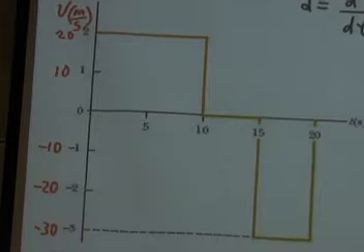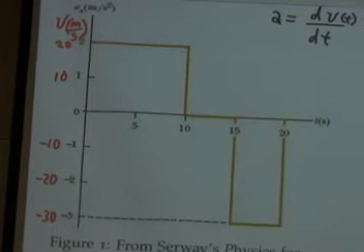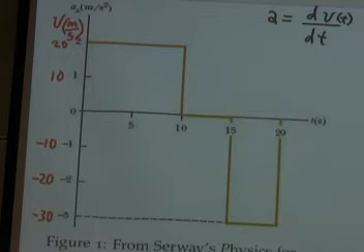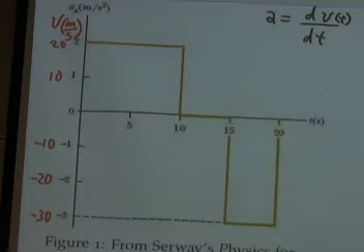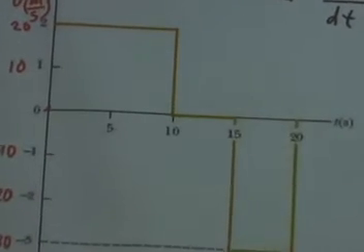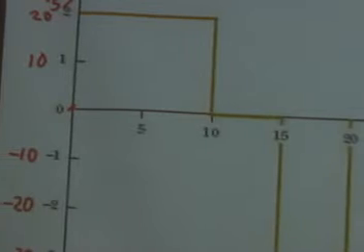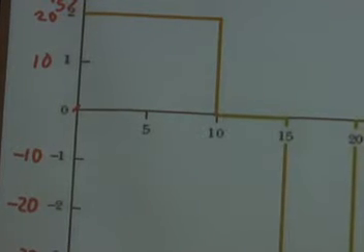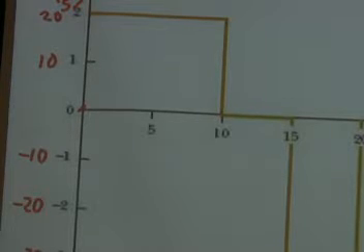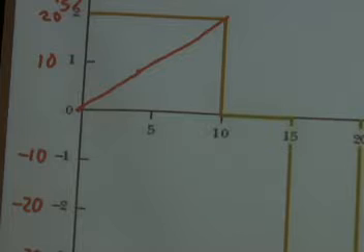Since the acceleration is the slope of the velocity versus time graph, we know that the slope of the line beginning here at 0 will be 2 because the acceleration is 2 meters per second squared. So in the duration of 5 seconds, the velocity will increase to 10, and this is very convenient that it goes up to here.